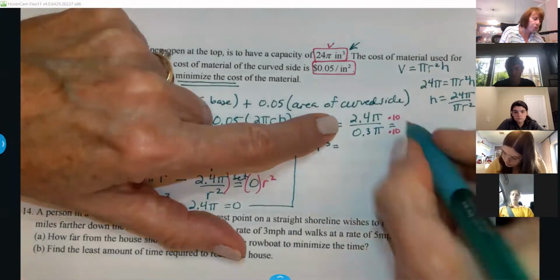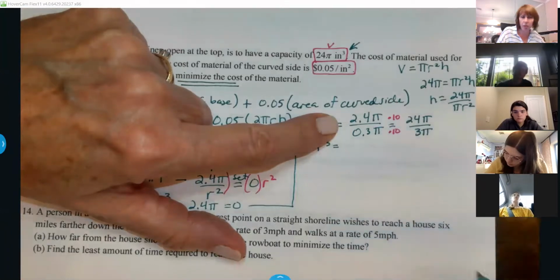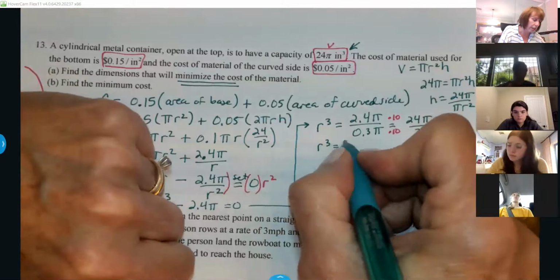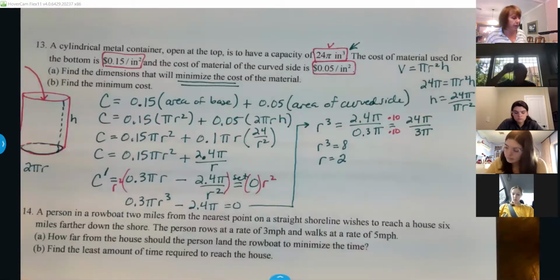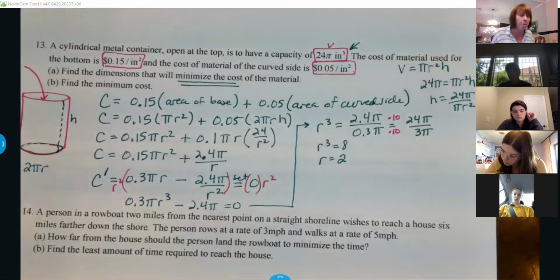We get something a lot better to look at, right? So this is just 8. So I get r is 2. Okay. So I get this r is 2, and my question is, how do I know that that's a minimum?